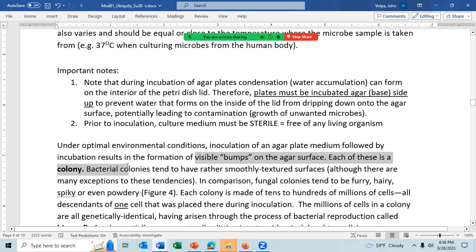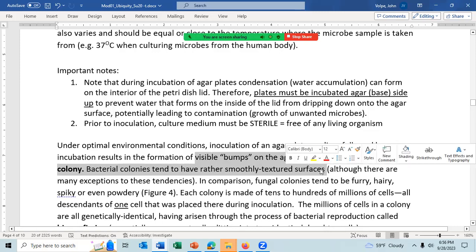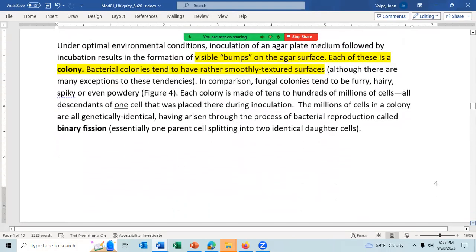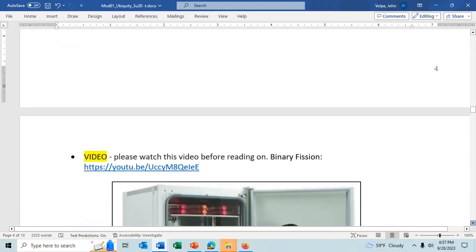You can actually look at bacterial colonies and generally tell them apart from fungal colonies by their appearance. There are some exceptions, meaning there are probably less than 5% of the bacterial colonies that look like fungal colonies, and less than 5% of the fungal colonies that look like bacterial colonies.